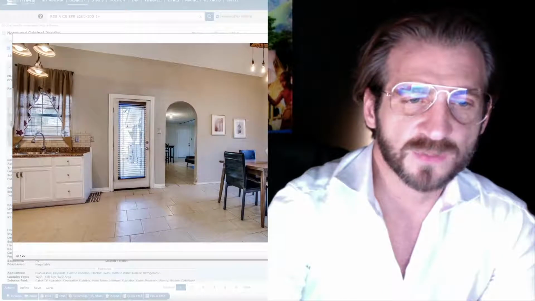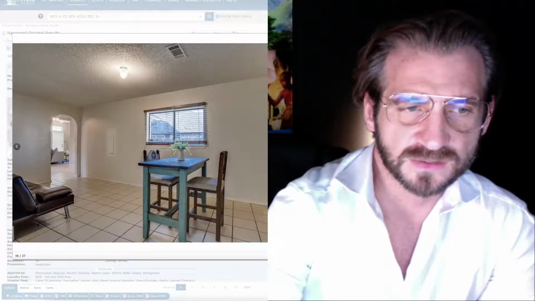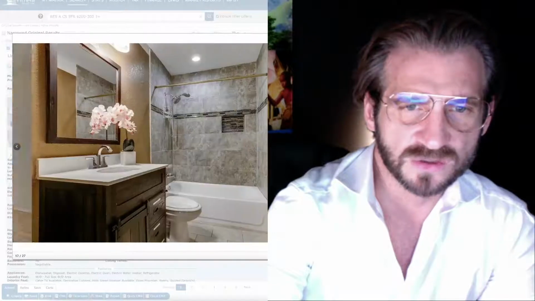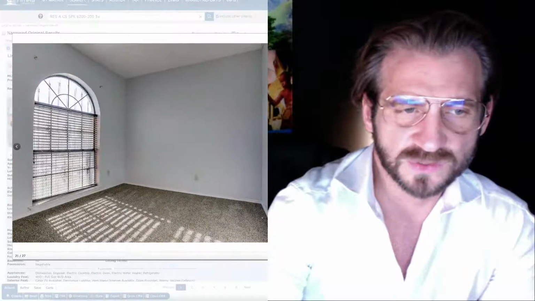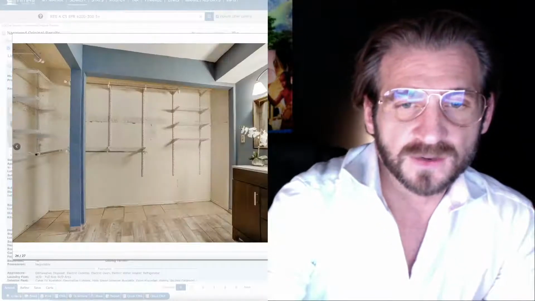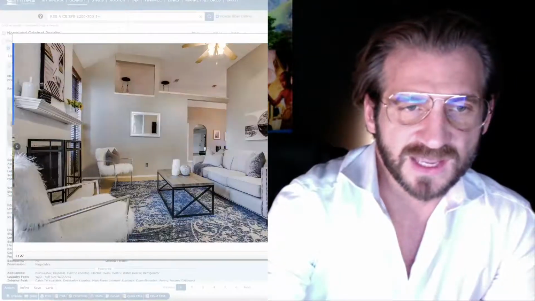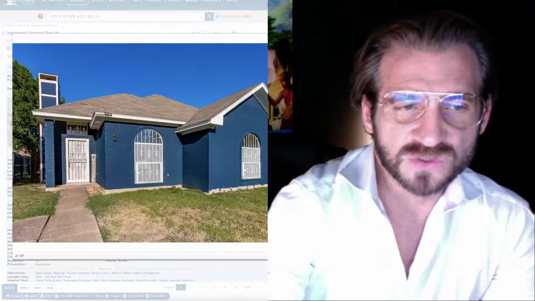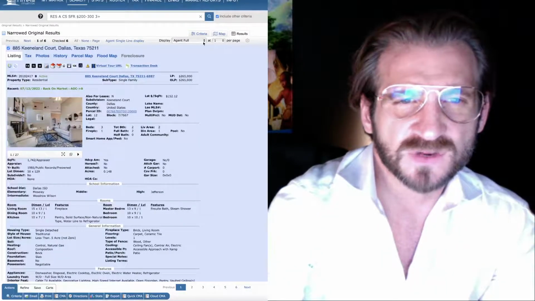Now, is it a perfect property for me to sell for the highest dollar? Probably not, but will it do for a rental? Yes. In this area, a basic busted up rental is like $80 to $90 a square foot, maybe $120. Let me show you that too.